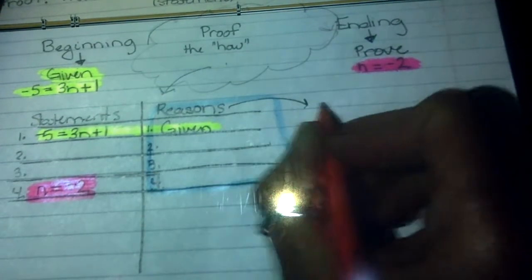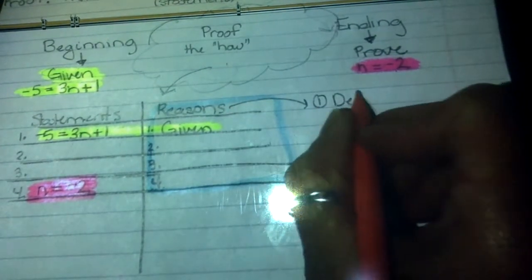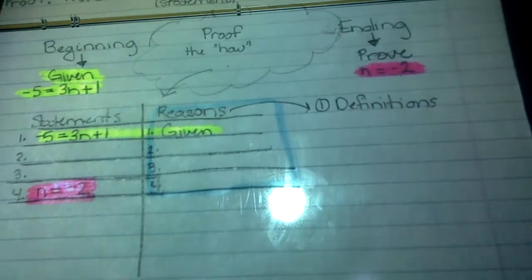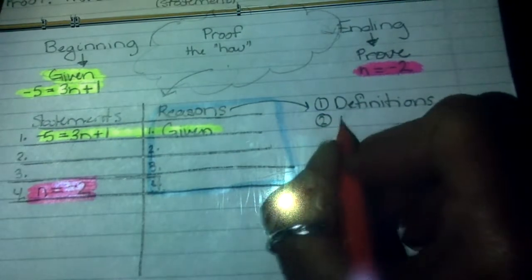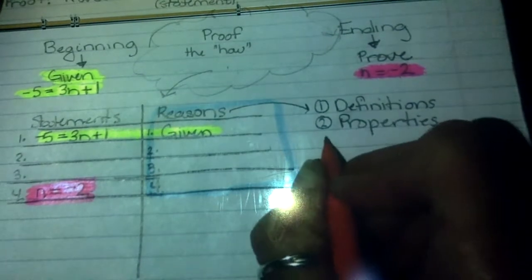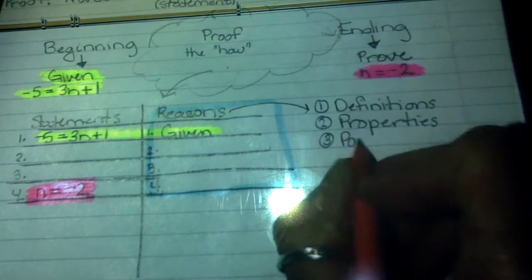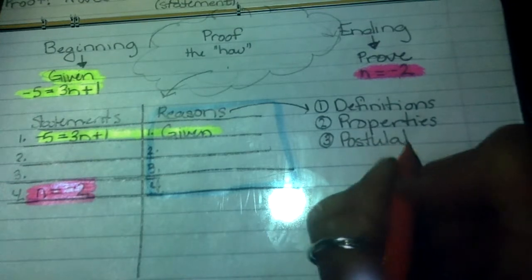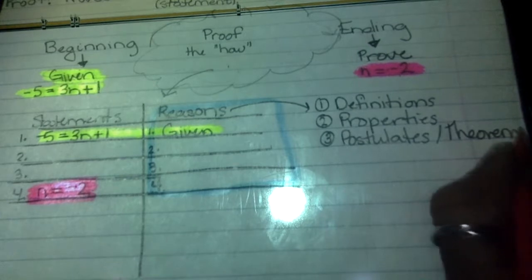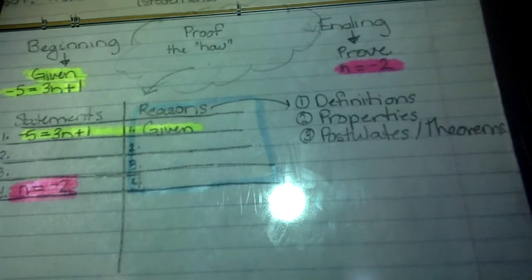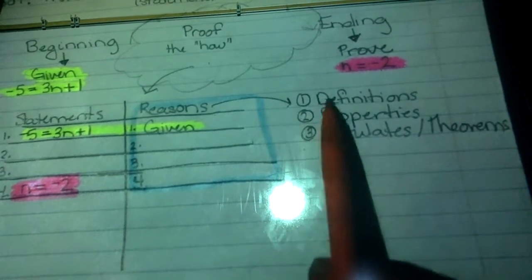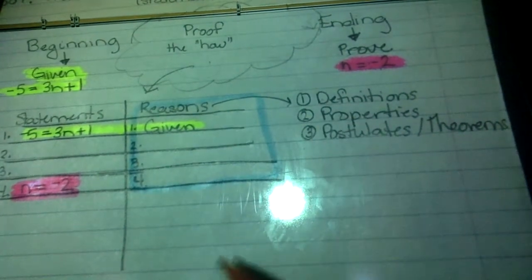Reasons come from definitions, they come from properties, and they come from postulates / theorems. So the only 3 possibilities for reasons are here: definitions, properties, and postulates / theorems.